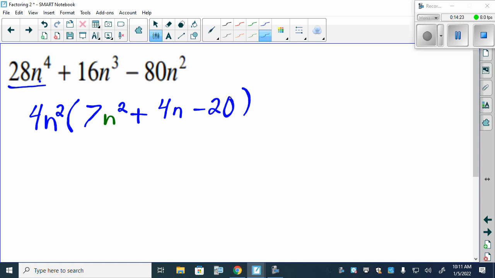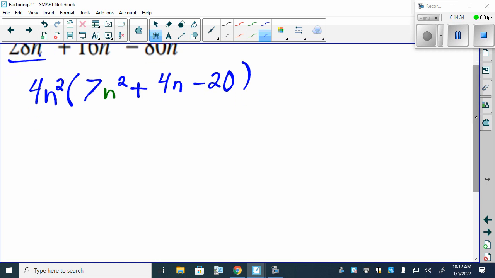And n squared divided by n squared would simplify to 1. So it's really saying 20 times 1, which is just going to be 20. So what we have is 4n squared.